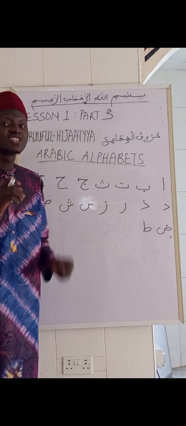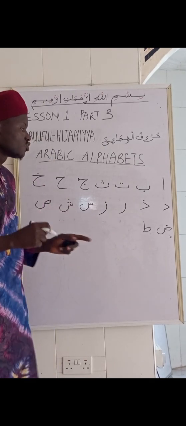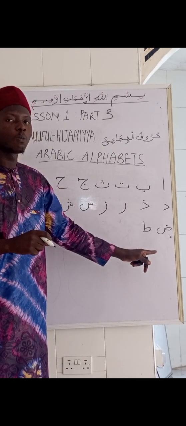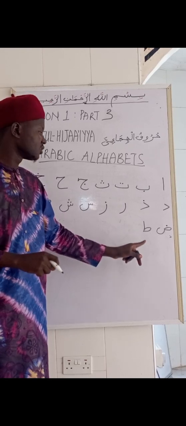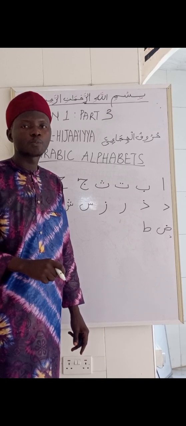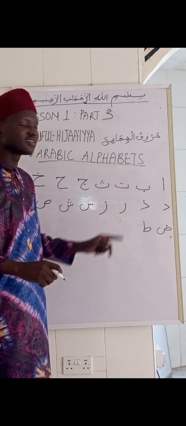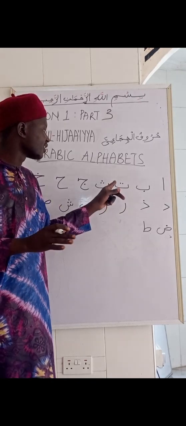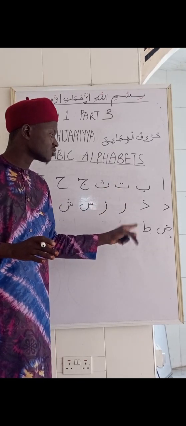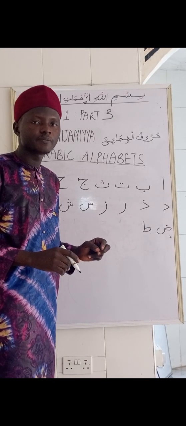If you notice, they fold the mouth and the sound remains in the mouth. So we say dad. This one, ta, is very close to ta, but the difference is that the other is a light letter and this one is a heavy letter.